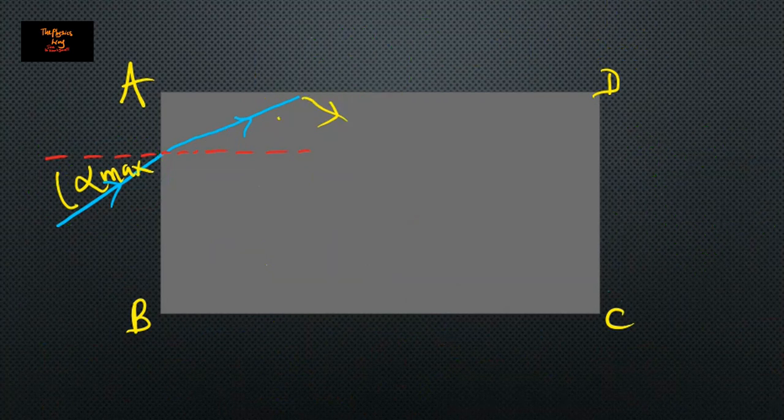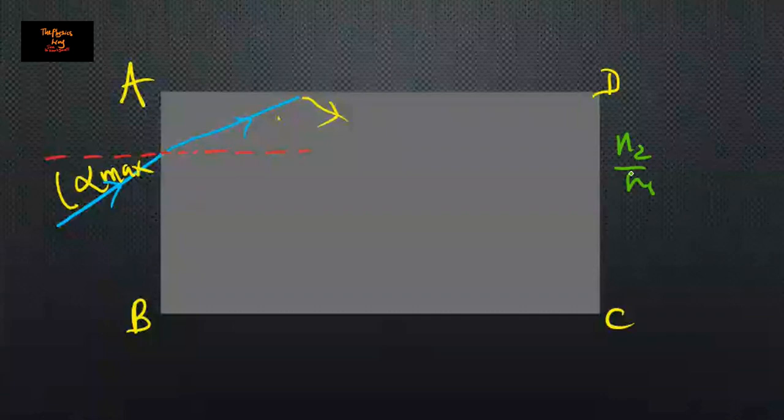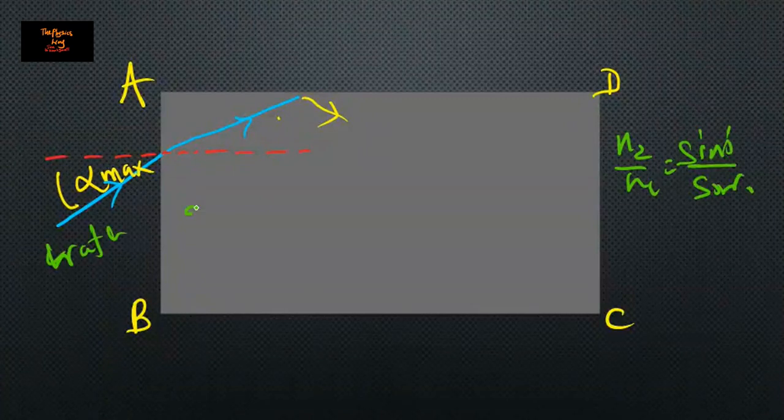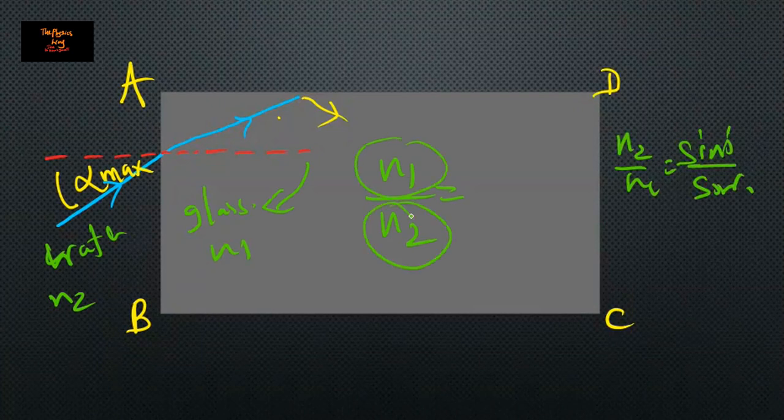Again N2 over N1 equals sine I over sine R. Now water is the first medium and glass is the second medium. So remember that, here we have to put the second medium, glass, so N1 over N2 equals sine I, meaning sine alpha, over sine R. They're asking us to find the alpha value.